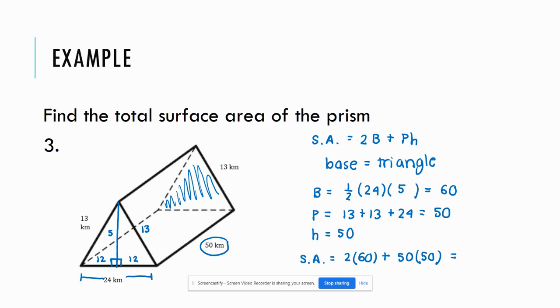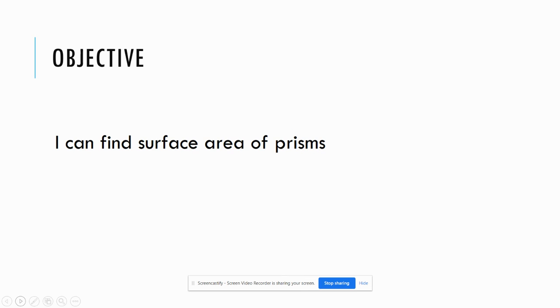So when I carefully type that into my calculator, I find out that we get 2,620. And then since my units are kilometers, we have to square them because we're talking about total surface area. And so that is us doing surface area of prisms, specifically with a base of a triangle.